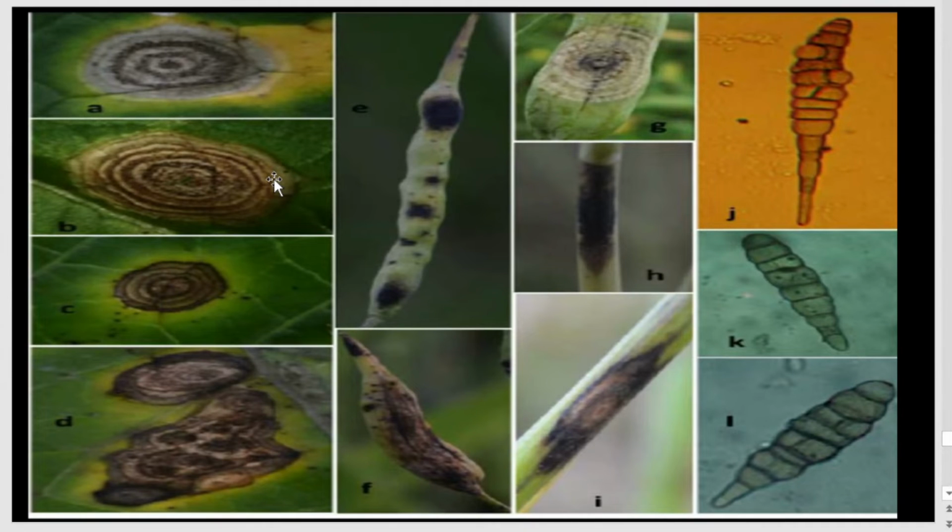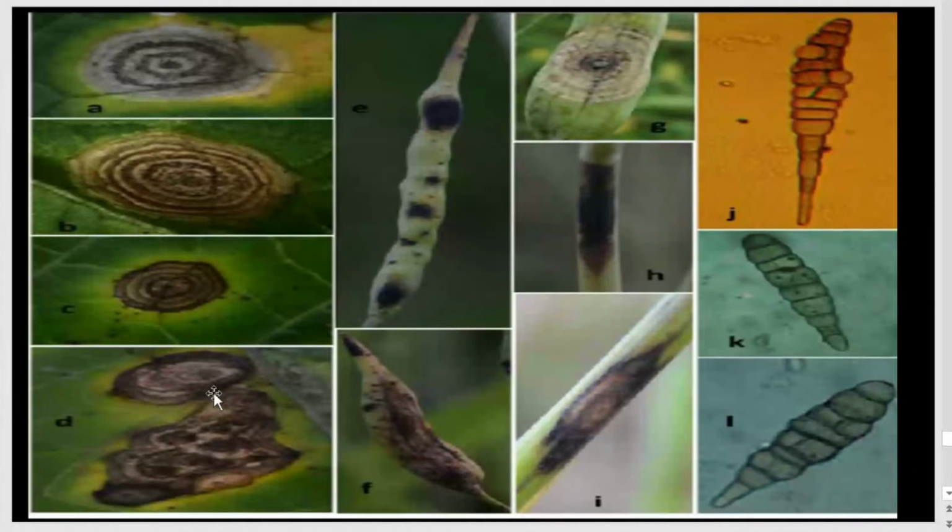The spots caused by Alternaria brassicicola are more or less dark brown, and with advancement of disease they may get black colored, right? So in case of Alternaria brassicae or Alternaria brassicicola, symptoms are more or less black, and zonation is seen in all of the cases.